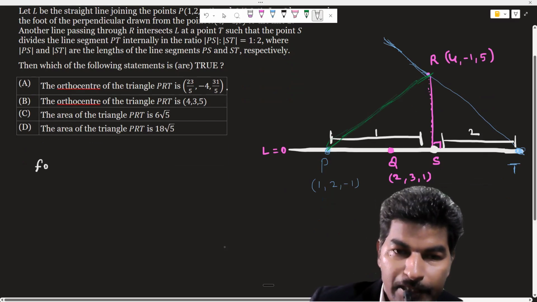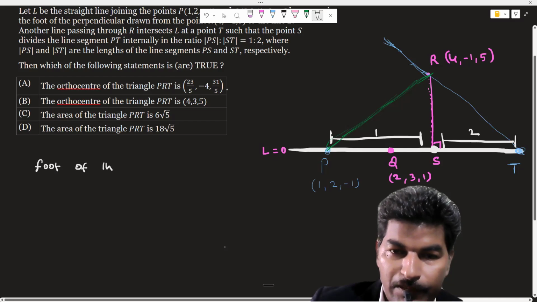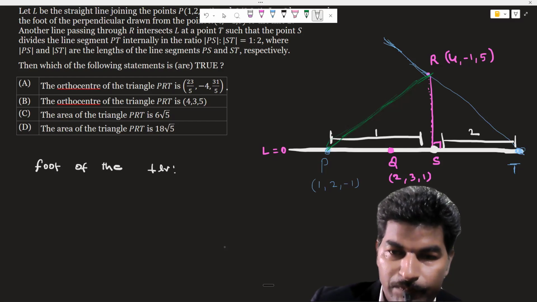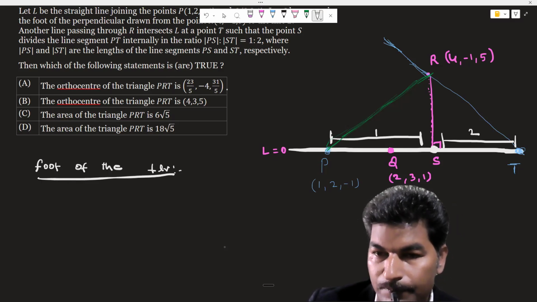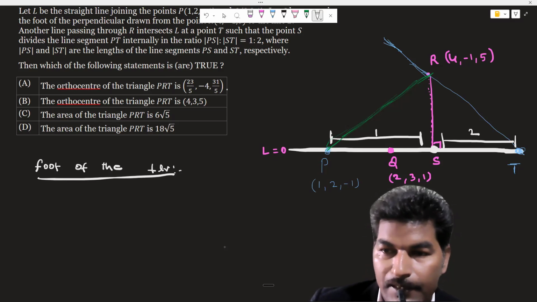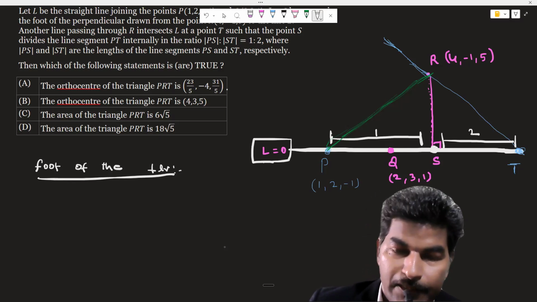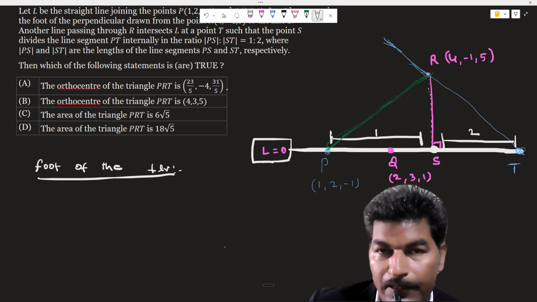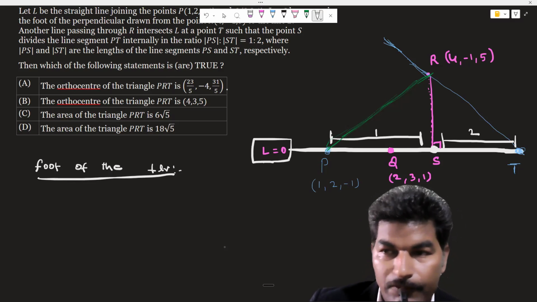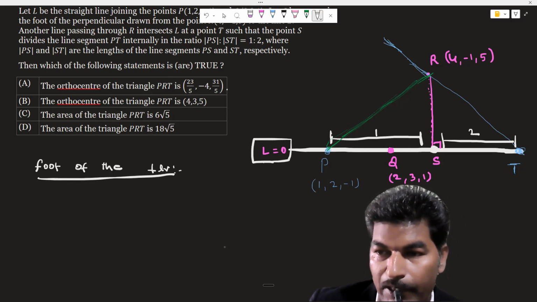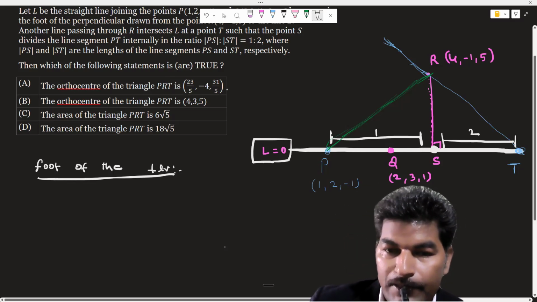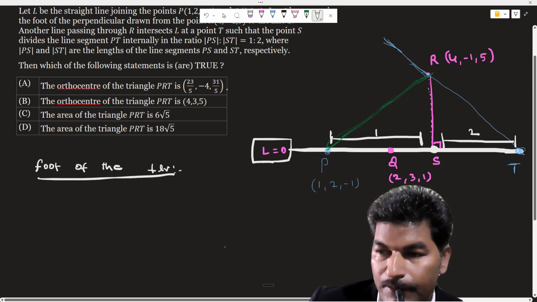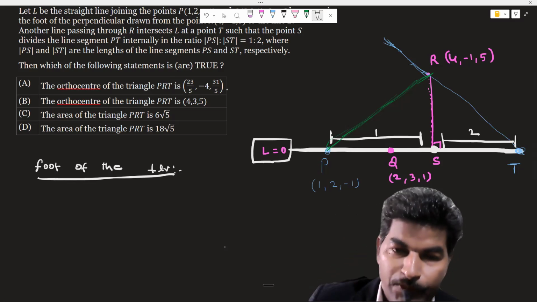So we are going to calculate the foot of the perpendicular of R on the line L equal to 0, which is S. I think you are all already aware of how to calculate the foot of the perpendicular of a point on a given line. First we will find the line equation of PQ.